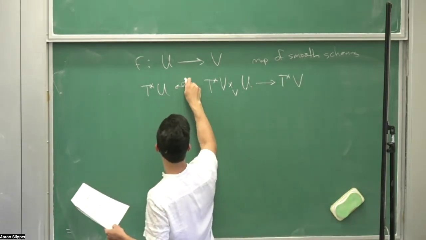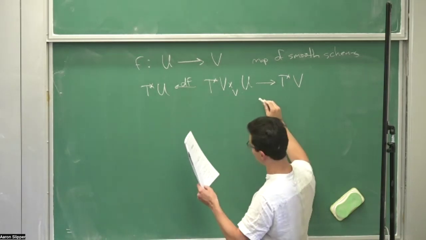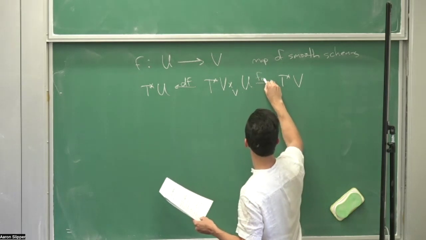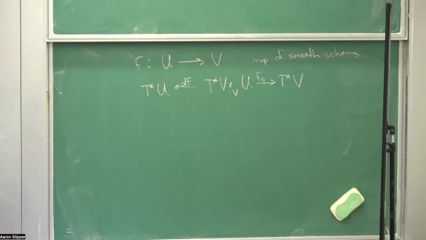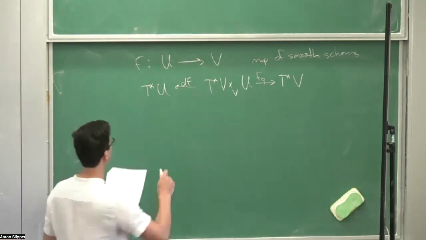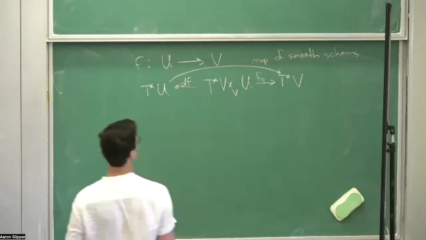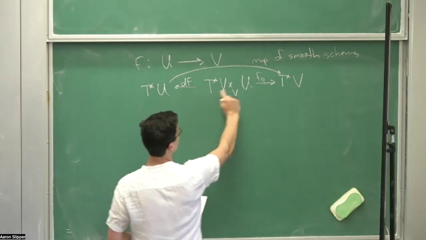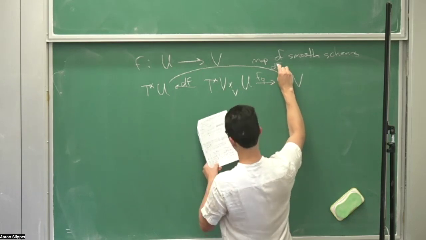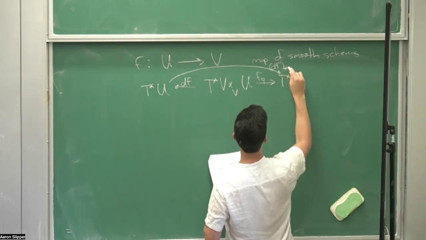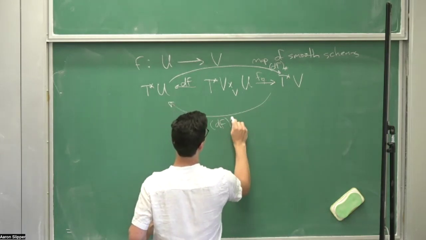So this one is taking the differential, and this one is projecting to here, which I don't know what the standard notation is, but now we're going to call it f sharp. And let me also introduce notation for the map in this direction. So if I take inverse image and then image, I'll call this df lower star. And then the map here, I'll call it df upper star.